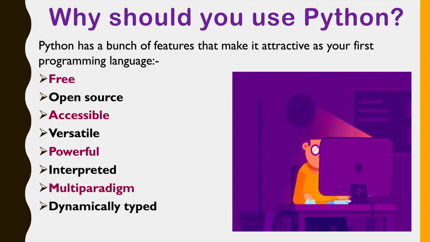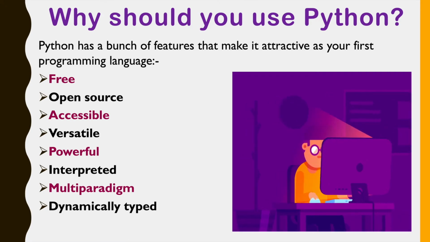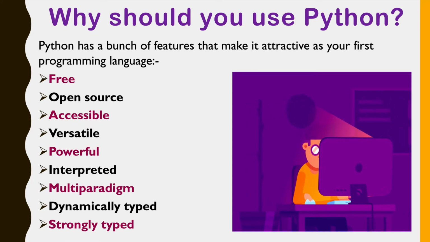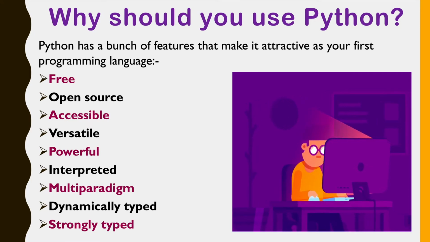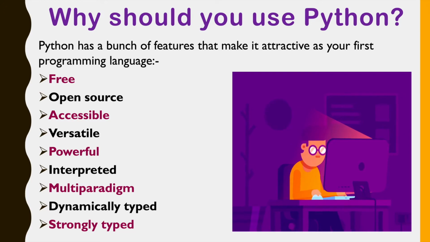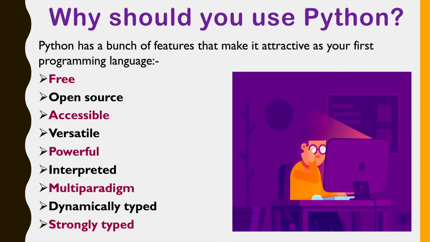It checks the variable types at runtime, so you don't need to declare them explicitly. And finally, it's strongly typed. It won't let unsafe operations or incompatible types go unnoticed. So by now, you should have a better idea of why Python is so popular and why you should consider learning to program with it.